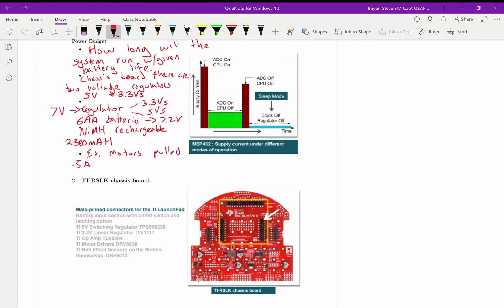Let's just say it's a constant 0.5 amps. Then our 2.3 amp hour batteries would last us, we'll drive the motors for about 4.6 hours.